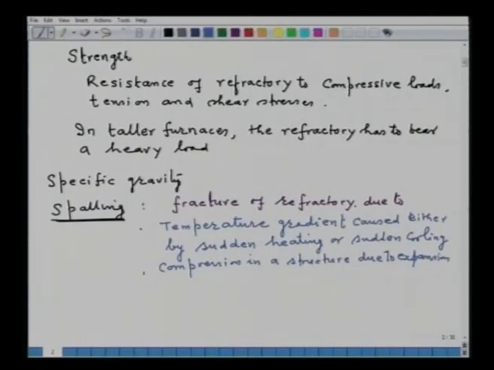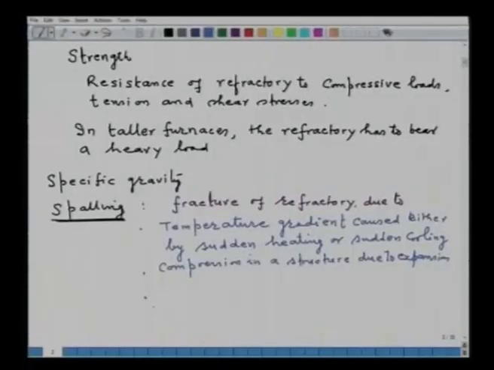This means that if you have made a wall and the refractory material is under compression, which may be caused by the expansion of the brick, then it will also introduce stresses, and that may cause the spalling of the refractory material.